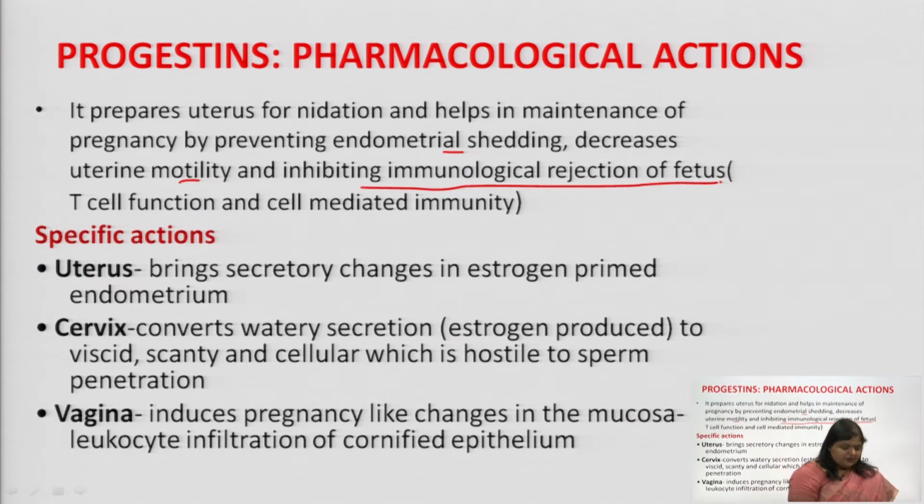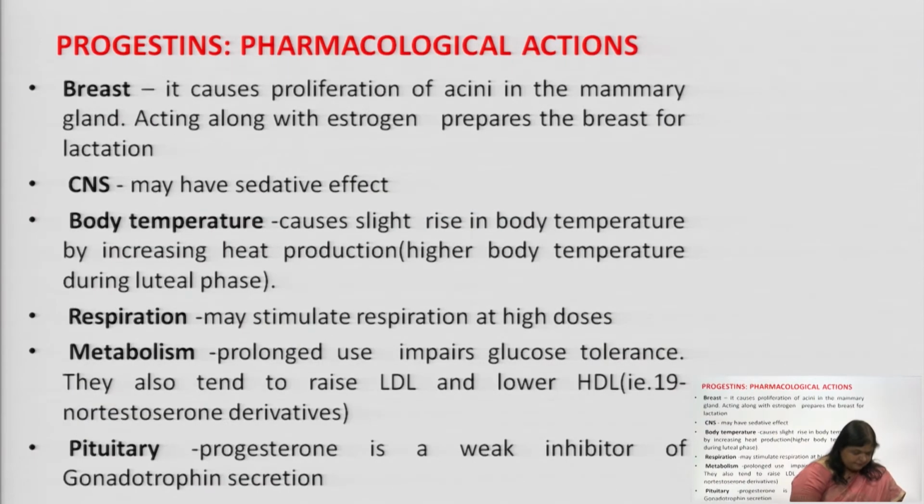It acts on the cervix, and it converts the watery secretion which is produced by the estrogen into a very thick, scanty and cellular one which is hostile to sperm penetration. It acts on the vagina also, where it induces pregnancy like changes like leukocyte infiltration, or the epithelium is cornified.